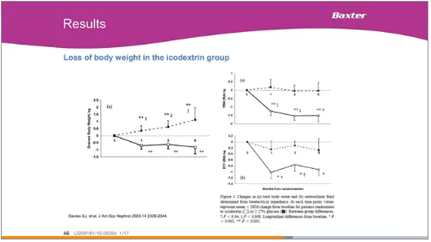So the next thing they did in the right panels is the researchers used bioelectric impedance to say, well, if the weight is decreasing with icodextrin, what's changing in the weight? And they saw a contraction, as you can see in the top panel, they saw a contraction in the icodextrin group in total body water.